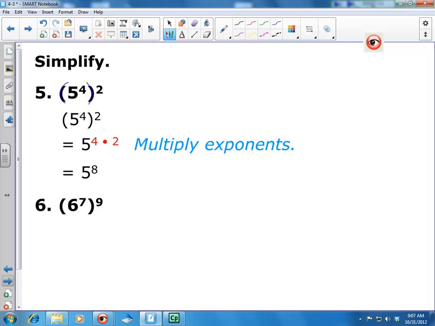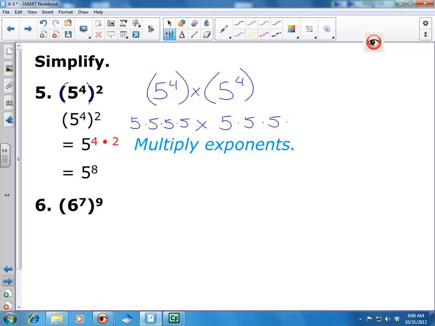So really what that means is 5 to the 4th power times 5 to the 4th power. That's really what that means. If we wanted to solve that, that would be 5 times 5 times 5 times 5 times 5 times 5 times 5 times 5. Well, we can count all those up.